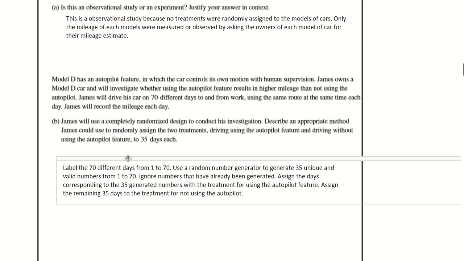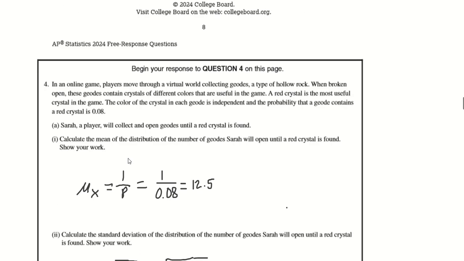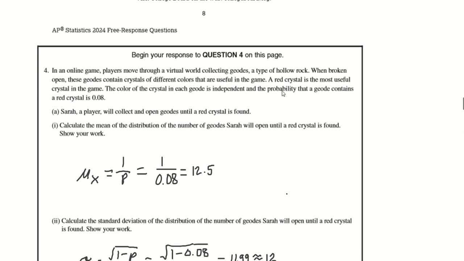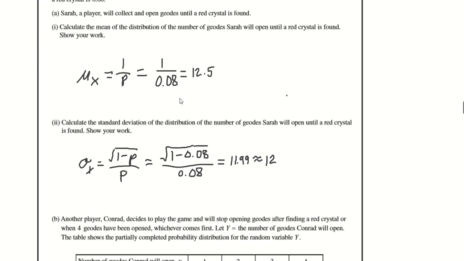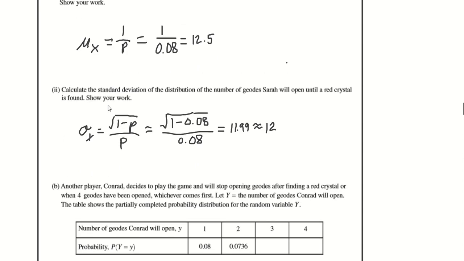So p is 0.08, as stated here. The probability that a geode contains a red crystal is 0.08. So 1 over 0.08 gives us 12.5 geodes. For the standard deviation, again we plug in 0.08, and that gives us 11.99, which is approximately 12.